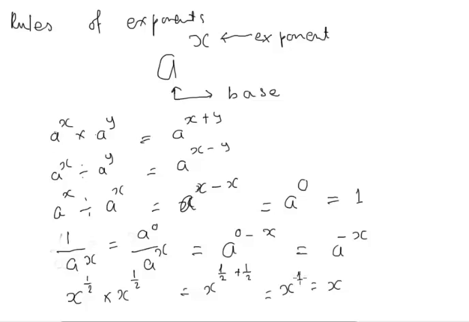And what do you say 2 is of 4? Square root, is it? Yes or no? If you multiply 2 by 2, what do you get? 4. What do you say 4 is of 2? 4 is the square of 2.